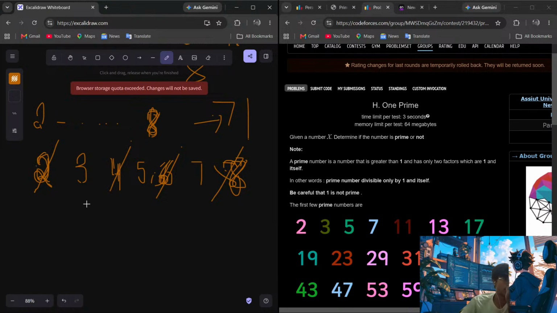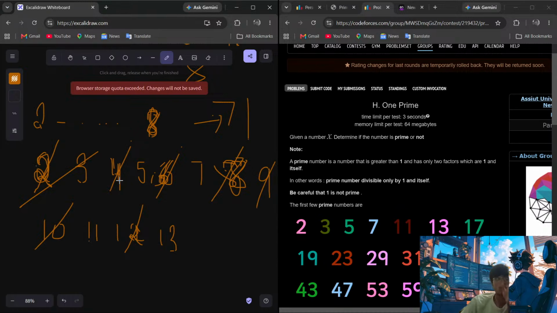Now, second thing. Suppose I take 9, 10, 11, 12, 13, just as an example. I will cut everything that is divisible by 2, so I will cut 10 and 12. Now, if a number is not divisible by 3, then it is also not divisible by 9.